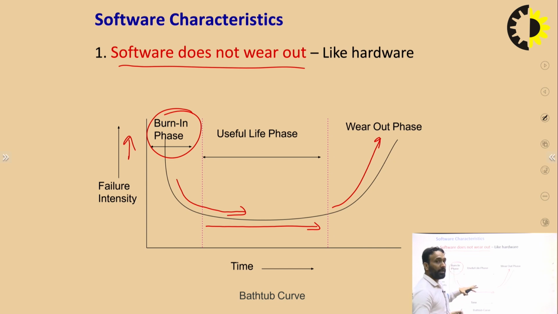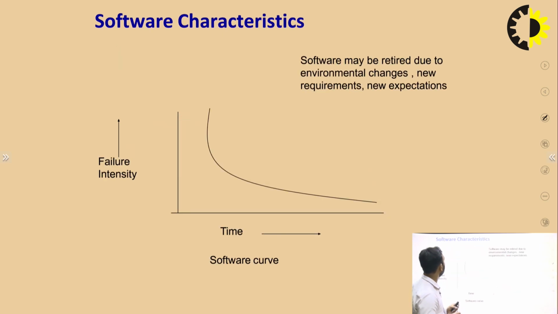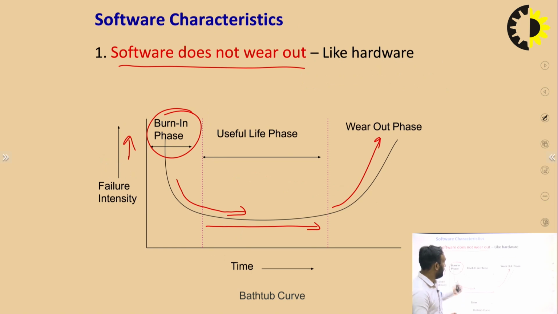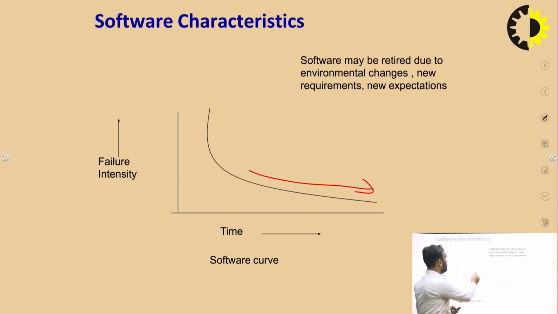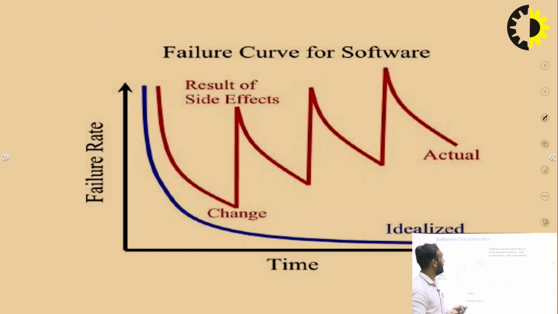Software becomes dated because of technology, not because of wear and tear. As we see in this, the software curve always goes downwards, but that is the ideal curve. That is about hardware and that is about software, but that is an ideal condition. In actual, how it looks, I will discuss in the next slide.